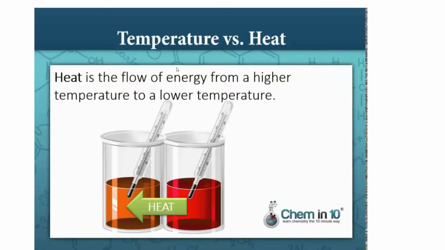When we're looking at some different types of energy, we can see that temperature and heat will impact energy. Okay, so we know that heat is the flow of energy from a higher temperature to a lower temperature. Okay, so we know that heat will try to make what we call equilibrium. And so if there is a high temperature mixed with a low temperature, it's going to try and make those equal.